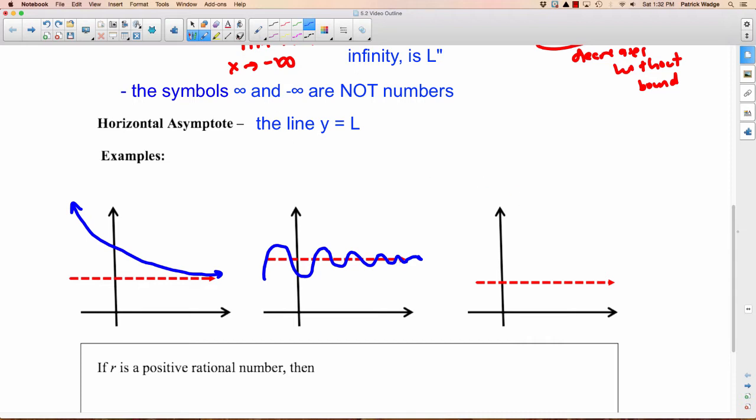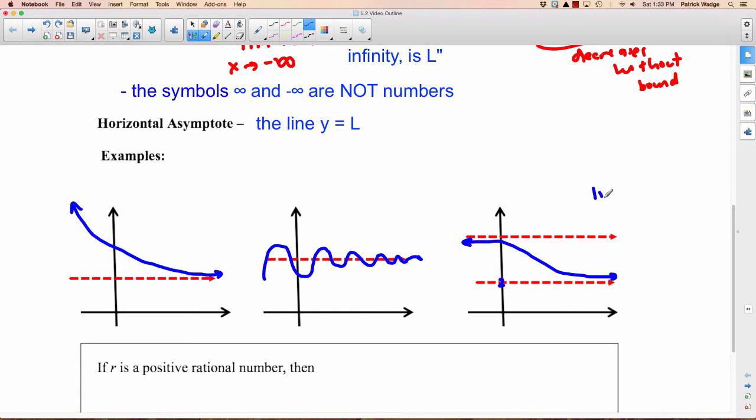And another possibility, actually, let's draw another asymptote here. You can have 2 asymptotes, and it could look something like this, for example. Getting closer and closer there, and then closer and closer here. So the limit of this function as we approach infinity is whatever this value is. Let's say it's 2.